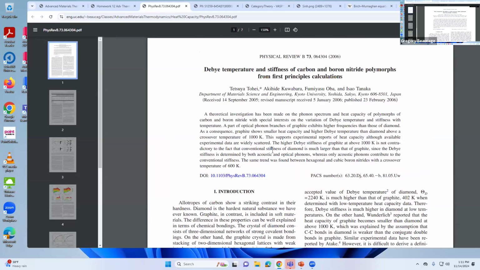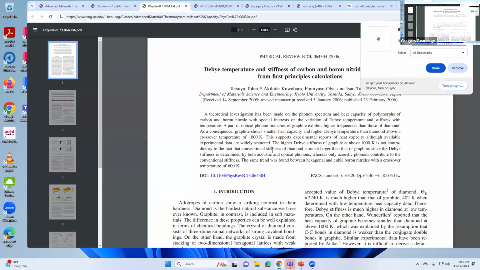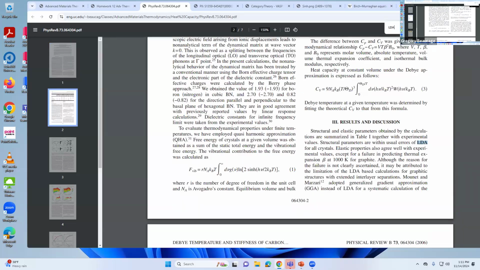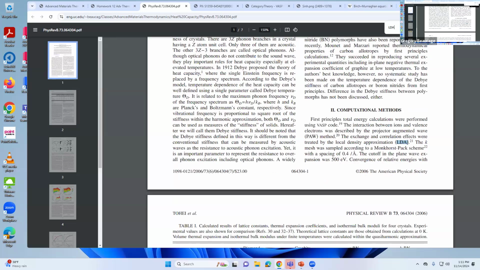What is that? What did it say? LDA. It's the local density approximation. Correlation effects are treated by the local density approximation.